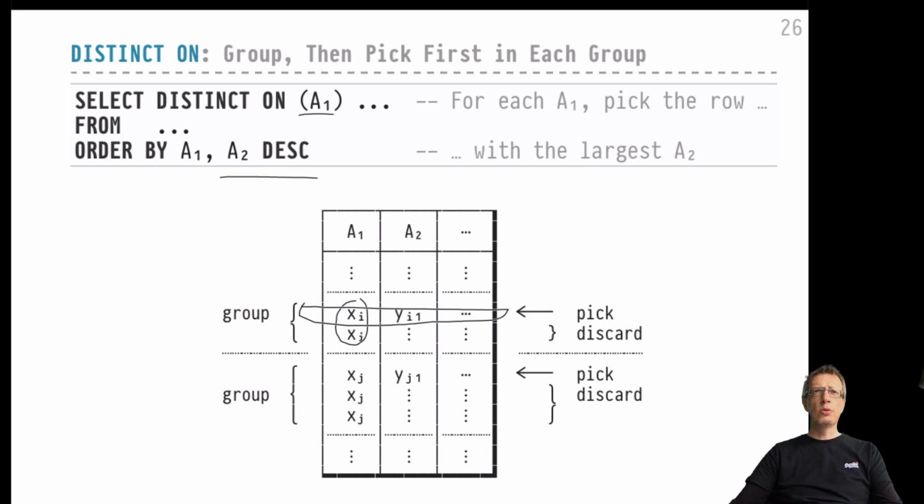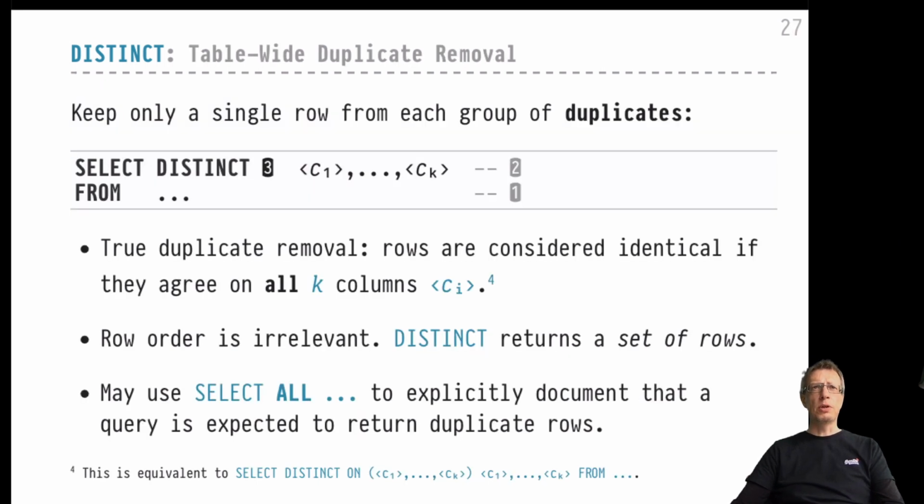One final word on the use of distinct in queries. You may have seen other uses of distinct in SQL queries already, and that's the so-called distinct clause. No On here. If this is just a plain distinct clause, the semantics is: perform the usual query evaluation.